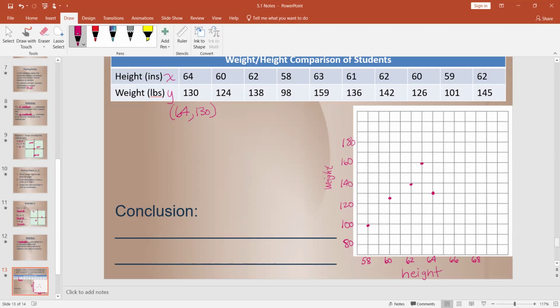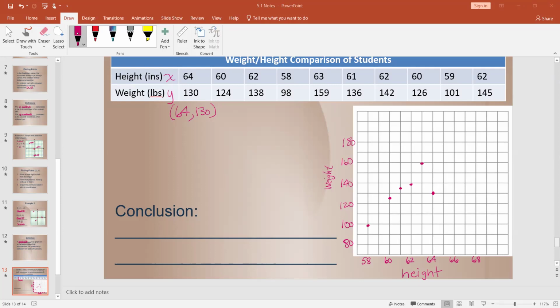61, and they weigh 136 pounds. So pretty close in between 130 and 140, maybe a little higher than the middle, but that'll work. 61, 62. So we're back to 62. This one is 142.